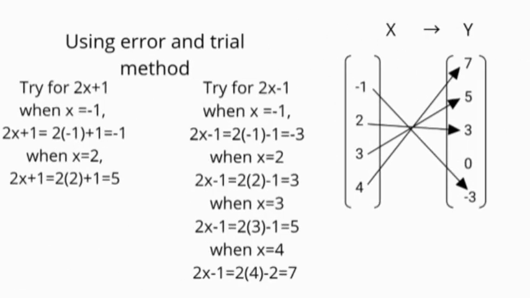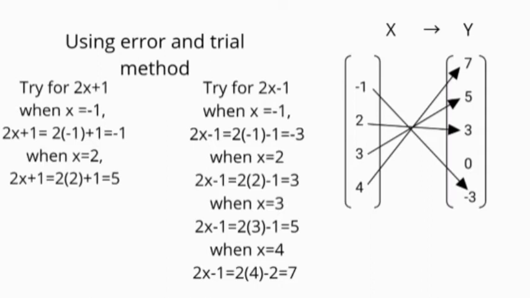By changing the coefficient of x, we try 2x + 1. When x is equal to -1, 2x + 1 will give us 2(-1) + 1, and the answer will give us -1. Since -1 is not the image, it means it is also incorrect. Now let's try 2x - 1.